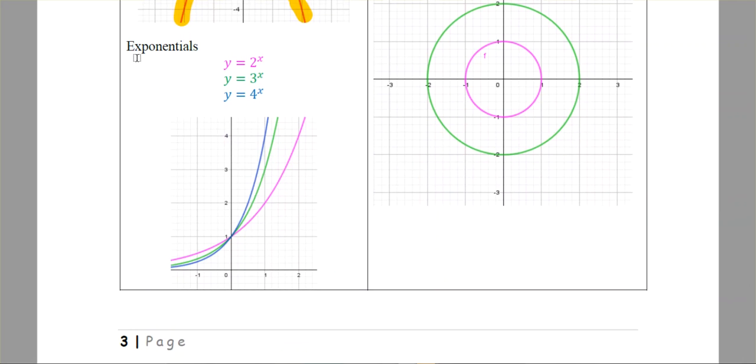So there's more exponentials here. 2 to the power of x doubles, 3 to the power of x triples, 4 to the power of x multiplies by 4. They all go through this point because anything to the power of 0 equals 1.